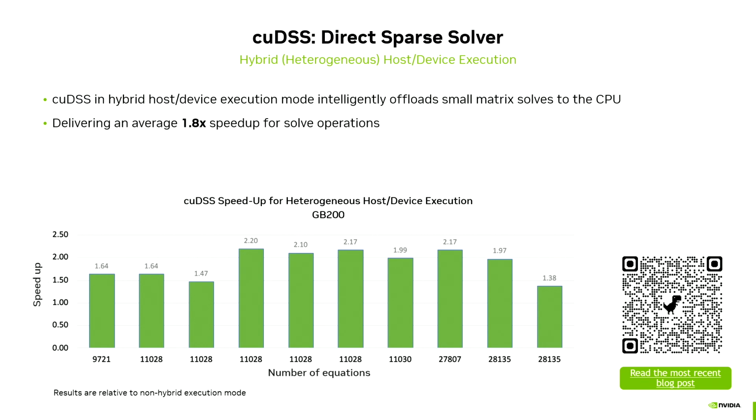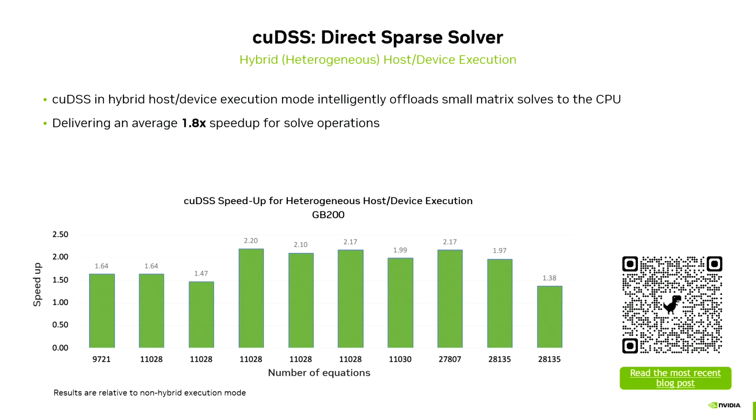Very quickly, moving to hybrid execution. Again, cuDSS smartly offloads some of its operations when it sees a fit. For example, something that is highly sequential, or when the matrices, in this case, are very small and they don't exhaust the GPU, it offloads to the host. So in contrast to the previous chart, where the benefits were mainly seen in larger matrices, this is an example where the benefits are mainly for smaller matrices. cuDSS offloads execution, solve, and factorization.